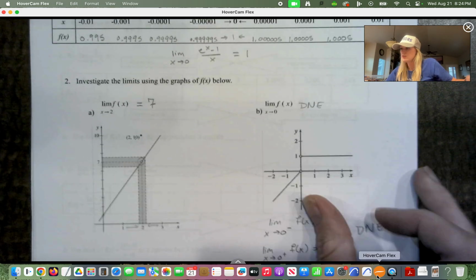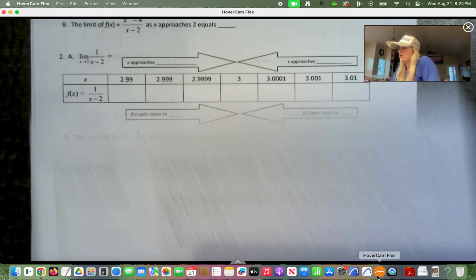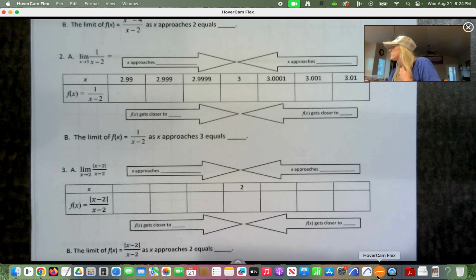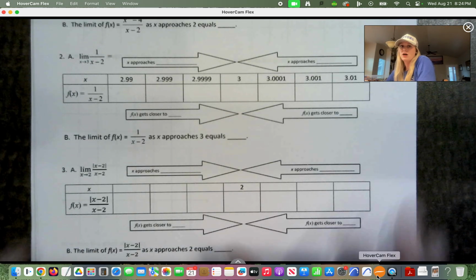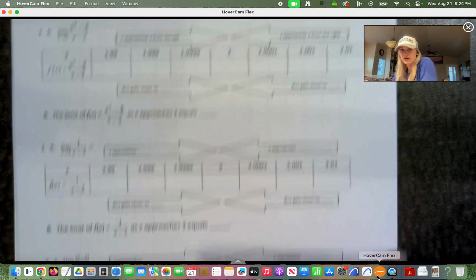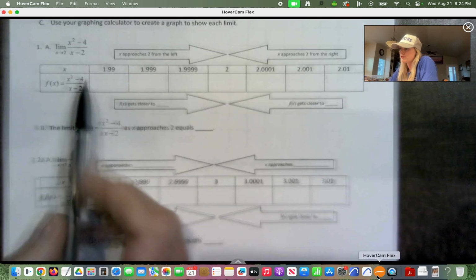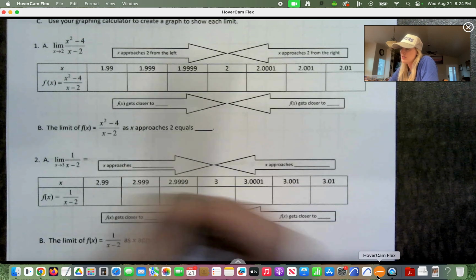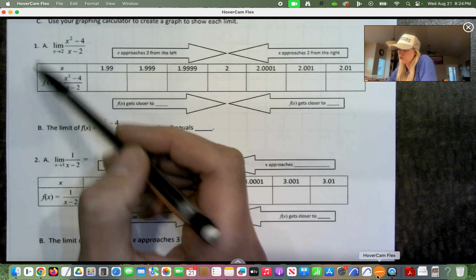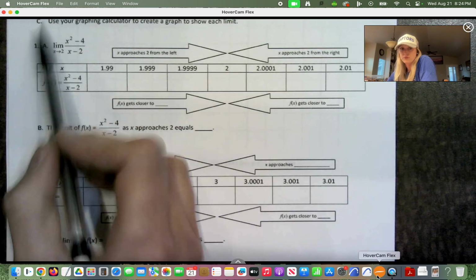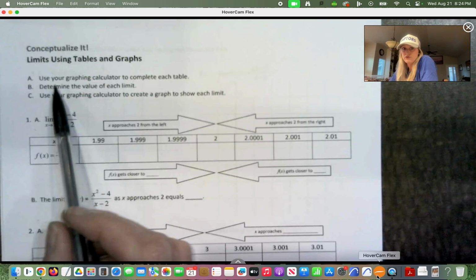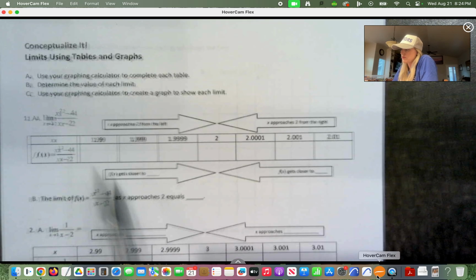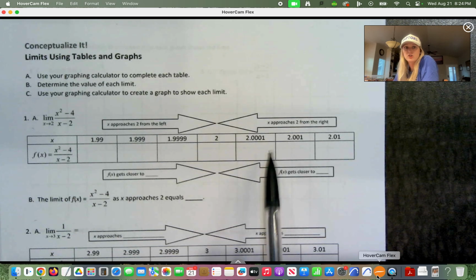Okay, so in class, you guys are going to use Desmos to do these 3 parts. So you're going to plug in those values. There are 3 functions, 1, 2, and 3, and you're going to do these 3 parts for each. You are going to use your graphing calculator to complete each table and determine the limit.